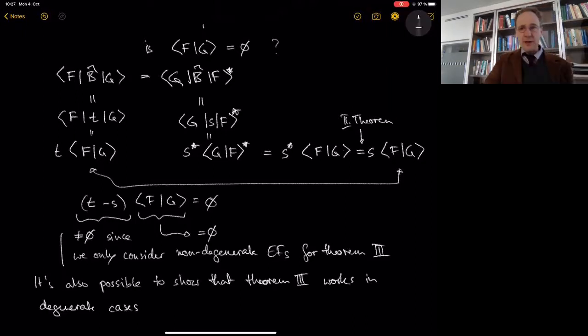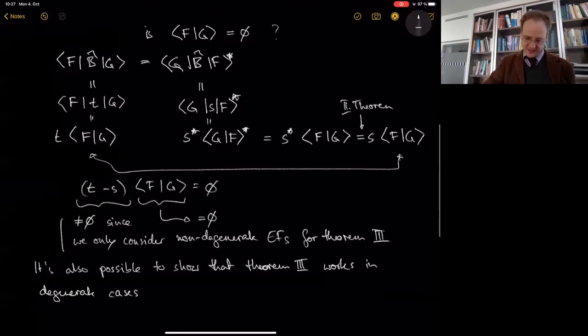And what one uses here are linear combinations of eigenfunctions in the space of the other degenerate eigenfunctions.